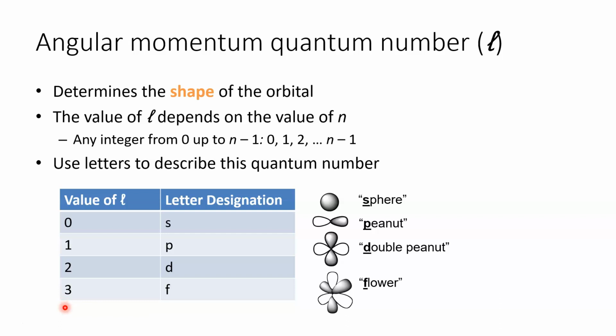So when we write these out, we would write the number for the principal quantum number followed by the letter for the L orbital. So 3s would mean an electron has a principal quantum number of 3 and angular momentum quantum number of 0.